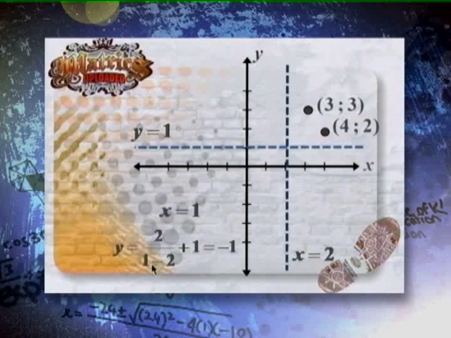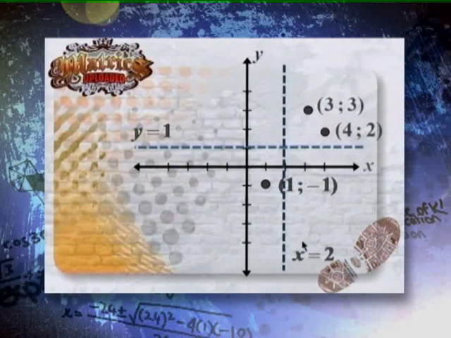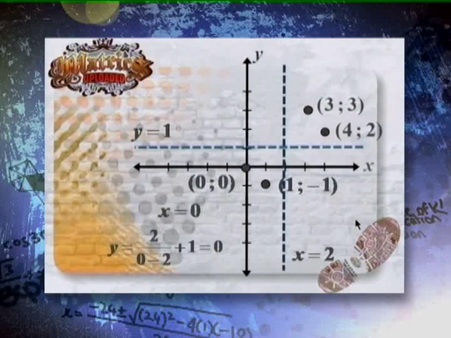Put 1 in, and the whole thing simplifies to negative 1. This point is 1 and negative 1. Write those in, guys. And another value, x is 0. Remember, 2 points to the right and at least 2 points to the left. Put 0 in, it simplifies to 0. The point is 0 and 0.